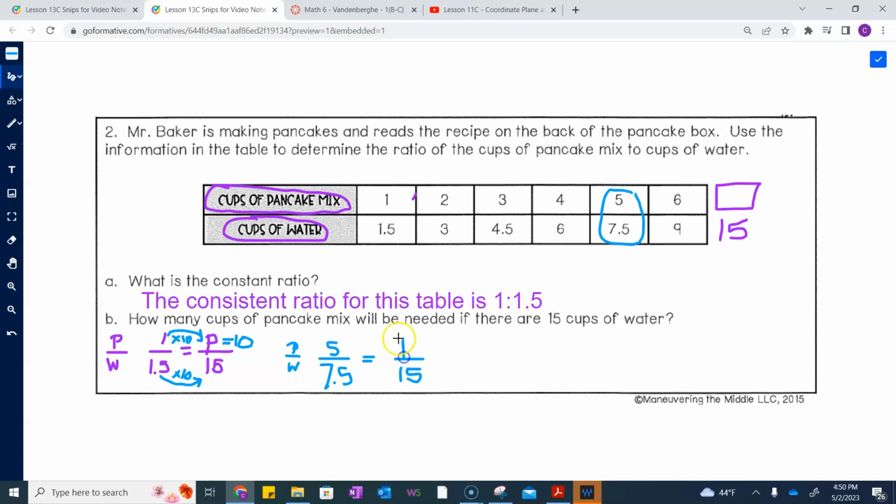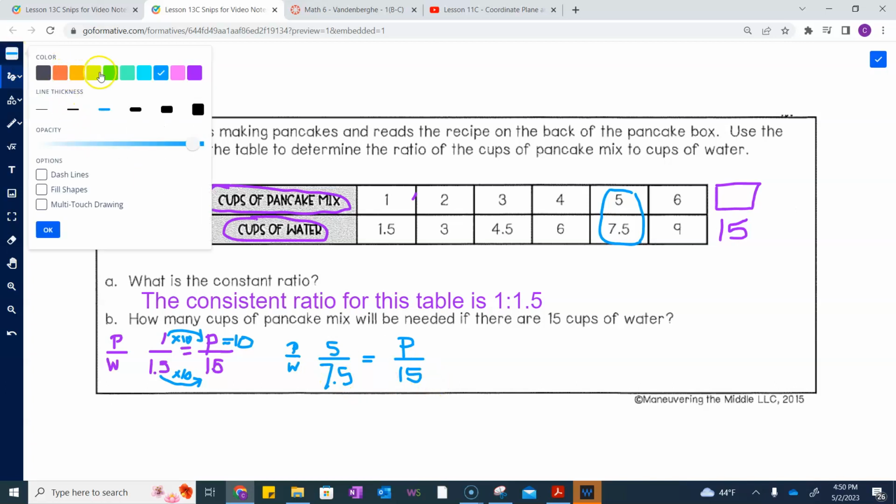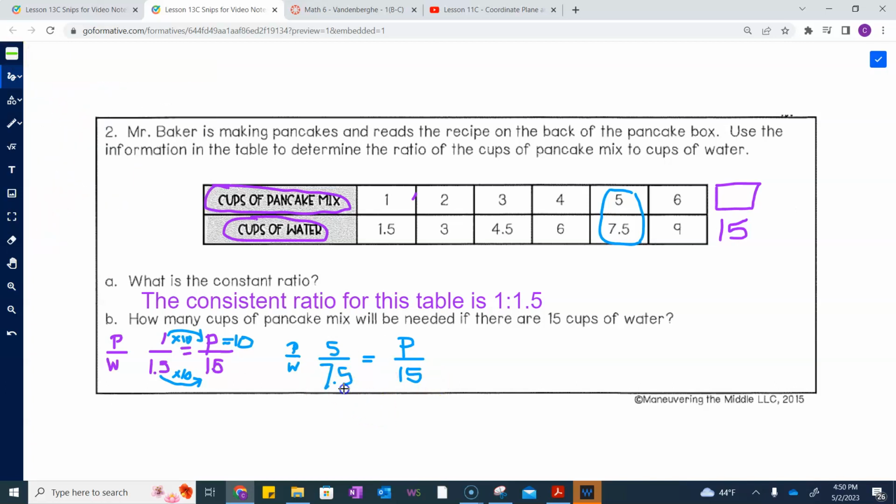Now, why some students might have used that ratio is because they recognize that 7.5 is half of 15. So in their heads, they're thinking, I just double. I double my pancake mix because I doubled the water for that ratio. And if you do that, you also get 10.